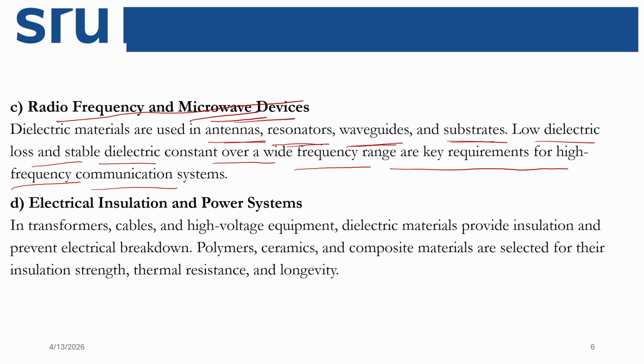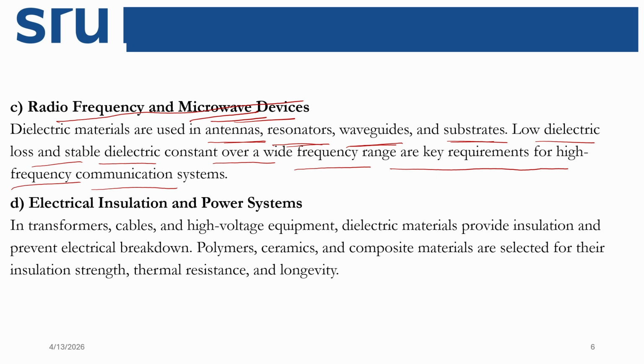So this loss should be less, so that efficiency is more, and there should be a stable dielectric constant over a wide frequency range. When we change the frequency of the electric field, the dielectric constant should not change. When a compound qualifies on these properties, it can be used for high frequency communication systems.